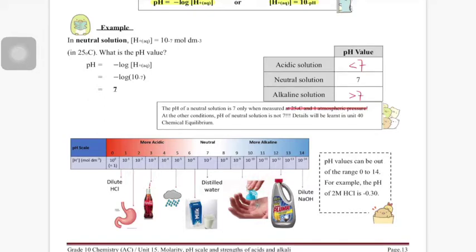And some window cleaner, they are alkaline solution as well. Please note that pH value can go beyond 14 or below 0. That's just a normal range that we use for most of the time.